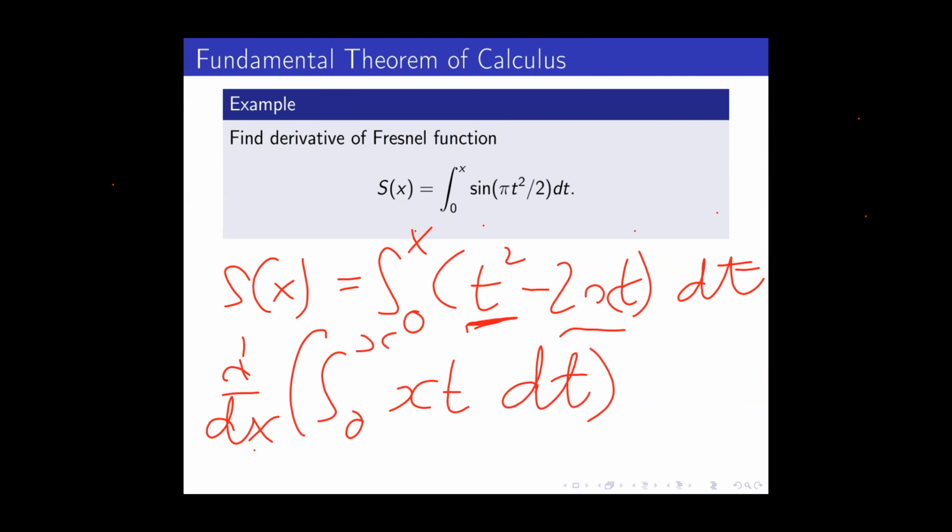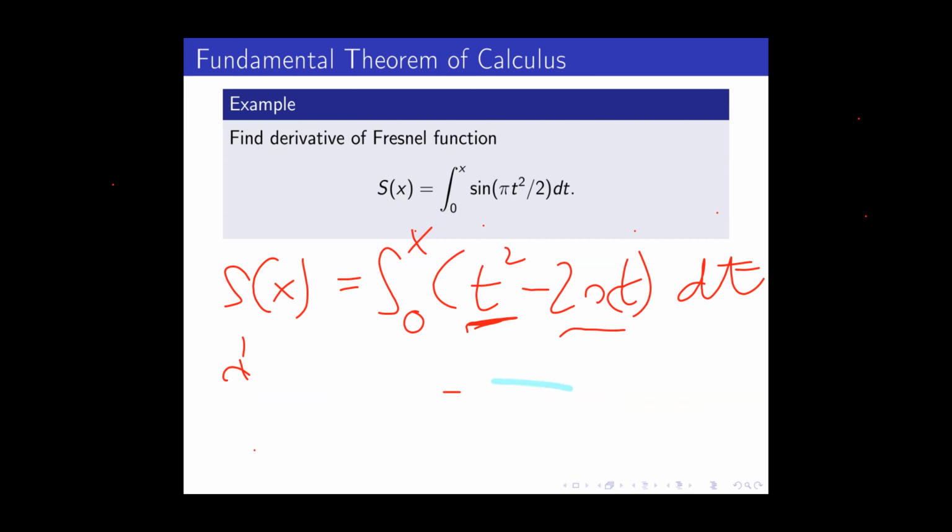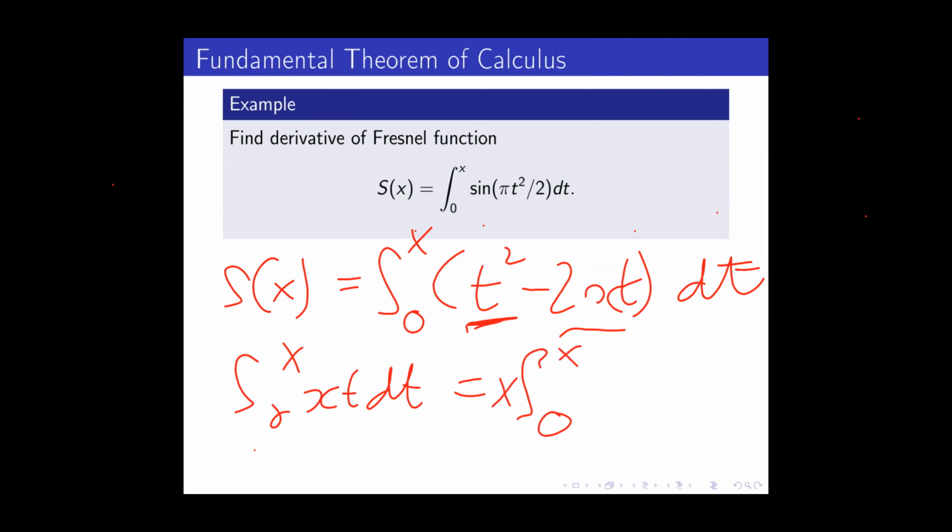But now x doesn't depend on t, so the integral from 0 to x of xt dt is the same as x times the integral from 0 to x of t dt. Okay.